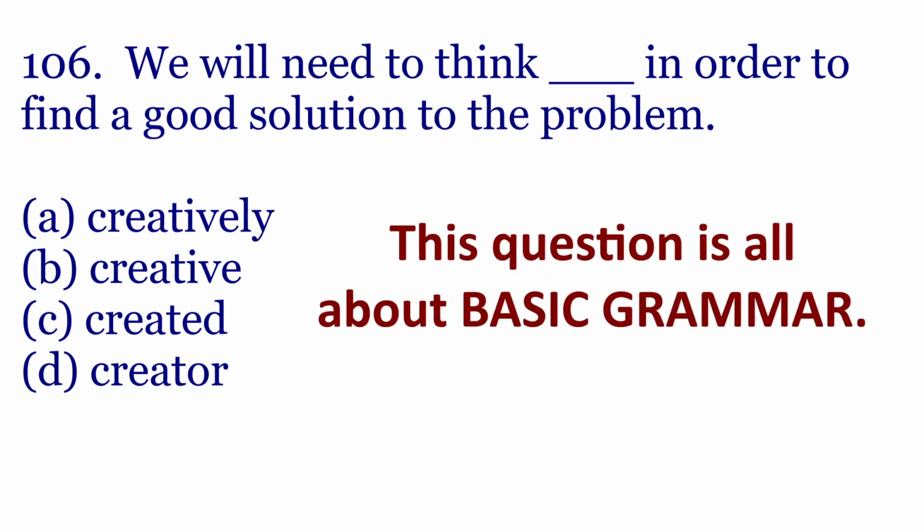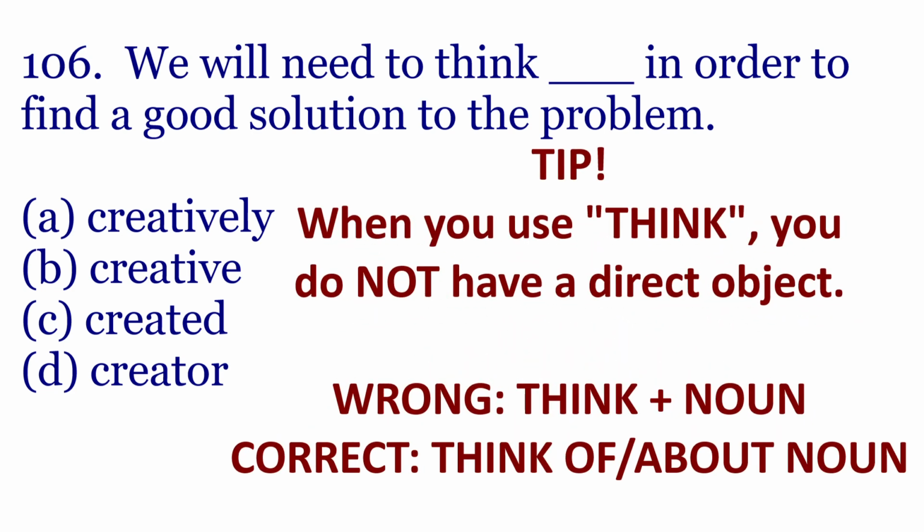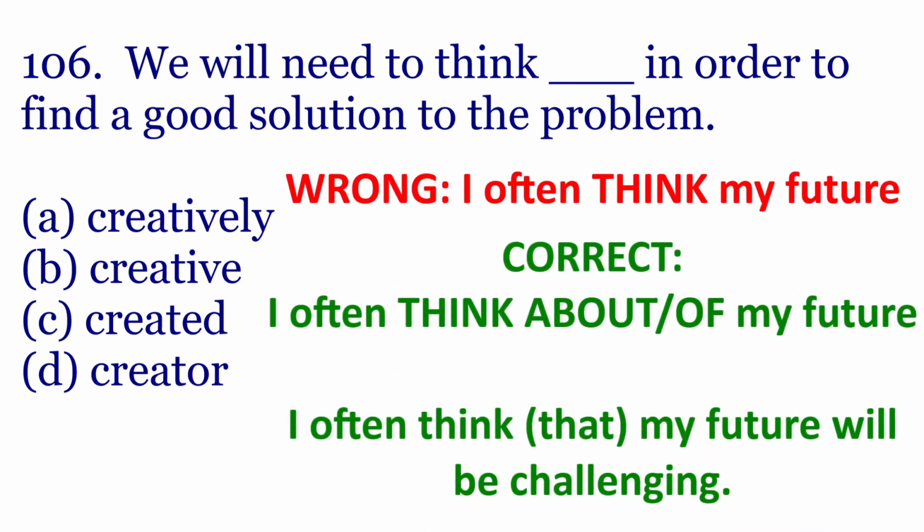All right, so this comes down to basic grammar. First, when you use think as a verb, it will not have a direct noun after it. So I can think of something, I can think about something, but it's wrong if I say, I often think my future. That is a direct object. Correct, I often think about my future.